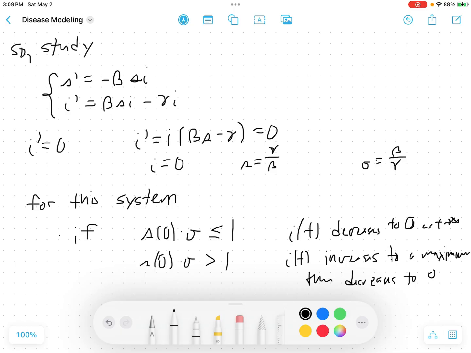So if nothing else, we start off with the individuals who are infected, they cause whatever new infections to happen, but it's not happening quickly enough, often enough that the disease takes hold. That would be the first case.